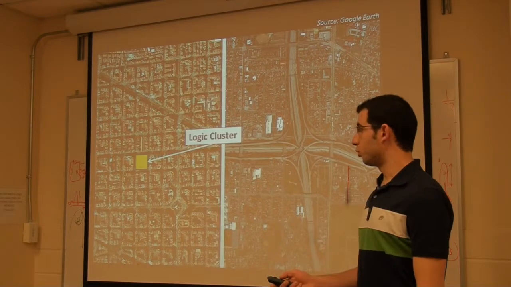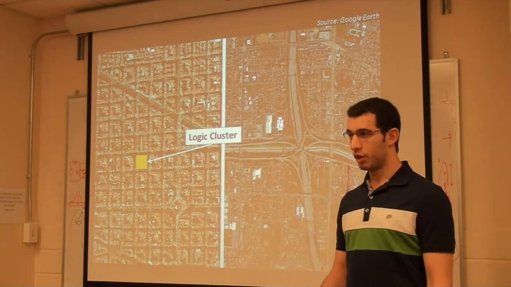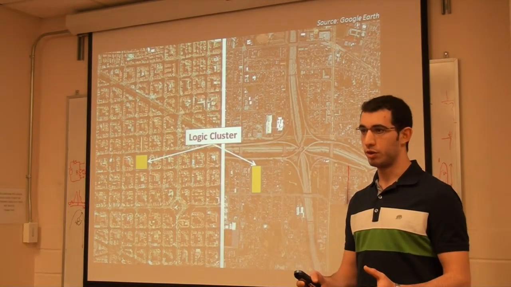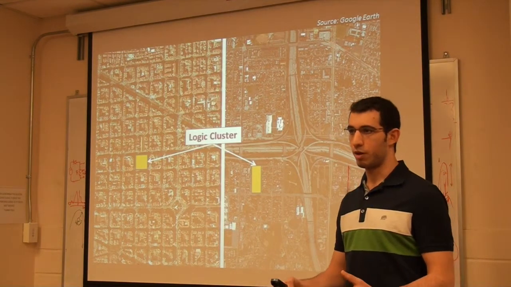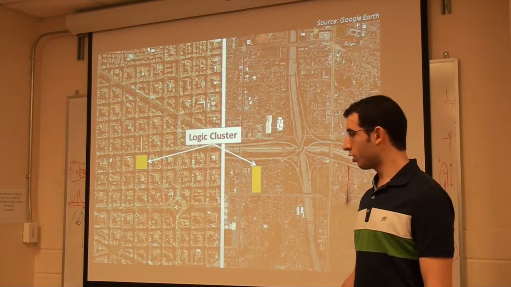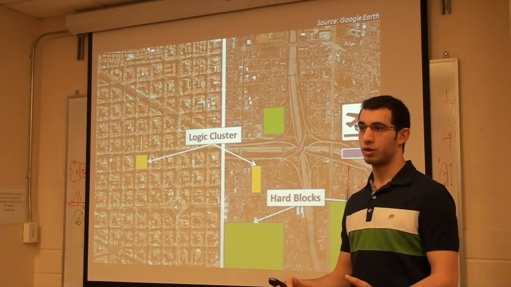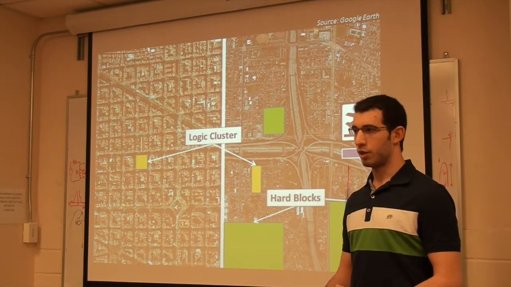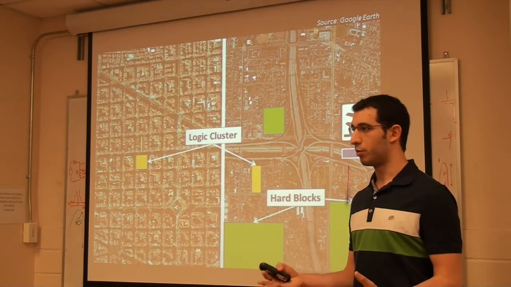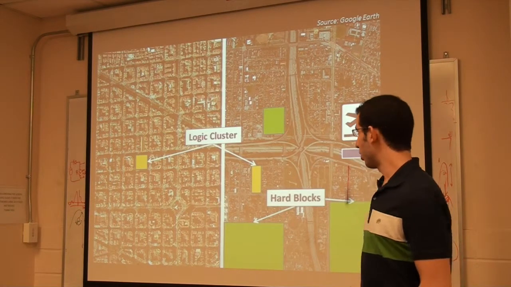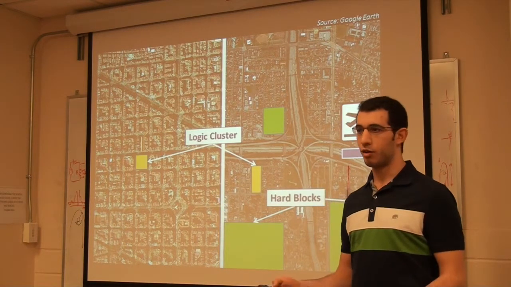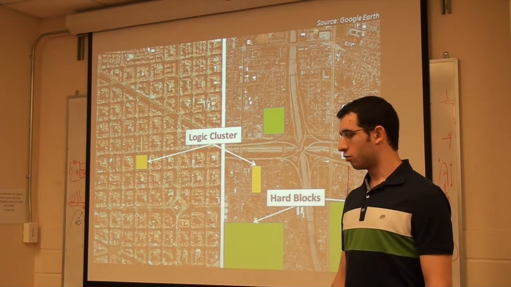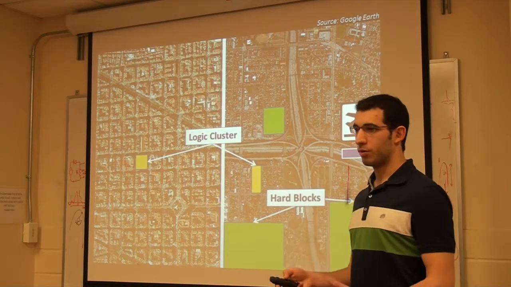Then when we move towards a larger city, we still have the logic blocks, we still have those small buildings, and we still have the small streets around them. So the regular interconnect that we have right now is great. But we also have these very large hard blocks that generate a lot of traffic. For example, the malls and the high-rise buildings and the companies. And we also have hard interfaces like airports or train stations. And we know that these generate a lot of traffic as well. So we must do something about this traffic.